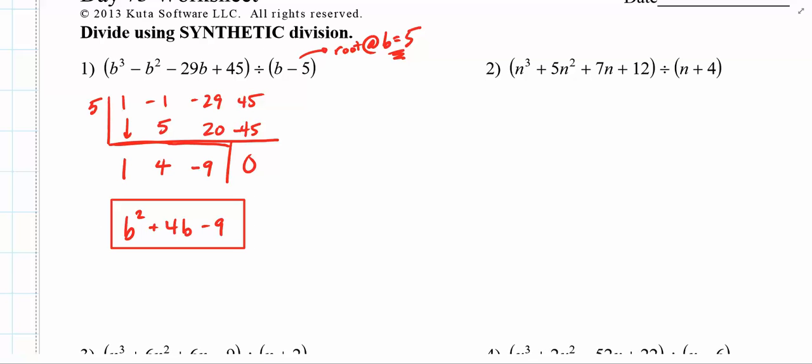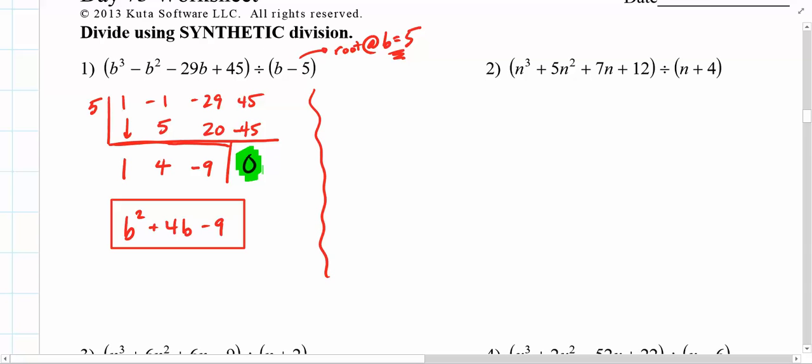Now let's talk about that remainder theorem for just a moment. The remainder theorem will help us identify this 0 without going through the synthetic division. The remainder theorem says that we can change the letter b in this case to the number 5, the number that we're investigating. And if we do that, the result of the calculation will give us our remainder.